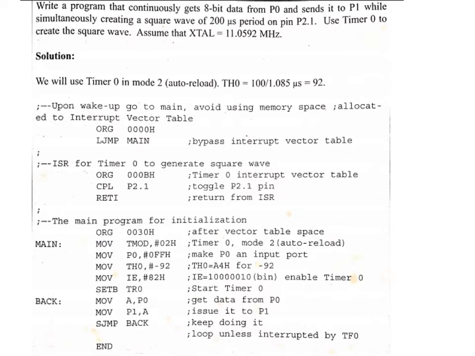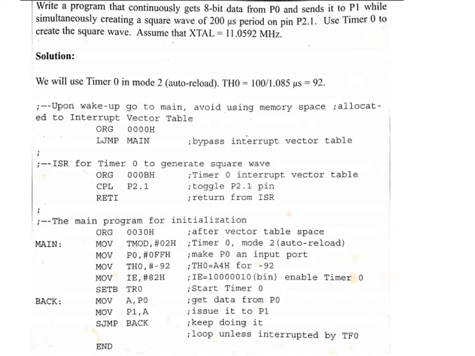Here you can see continuously the data from port 0 is sent to port 1. Directly moving P1 comma P0 is not allowed, so the contents of the P0 register are moved into the accumulator, and from the accumulator into the P1 register.